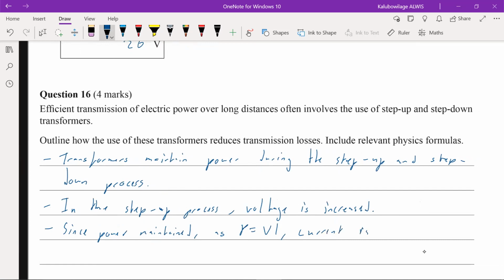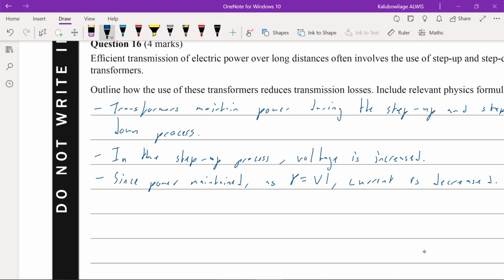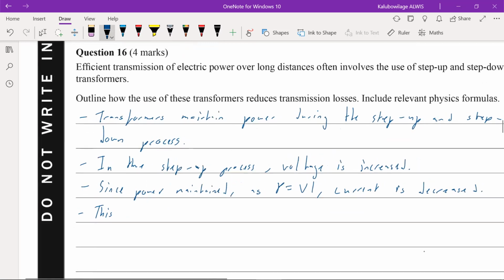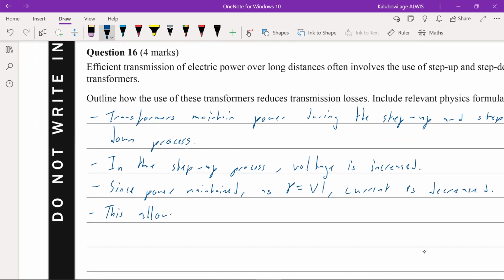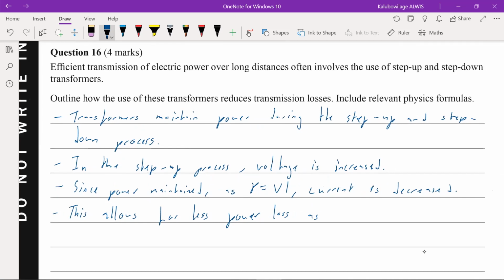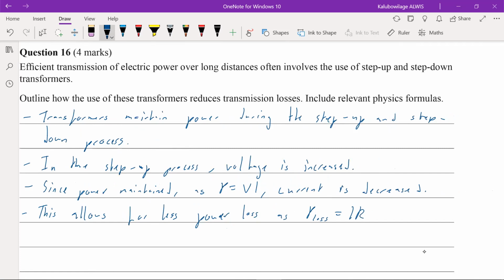Current is decreased. This allows for less power loss, which is what it's asking for. This allows less loss, as P loss equals I squared R.